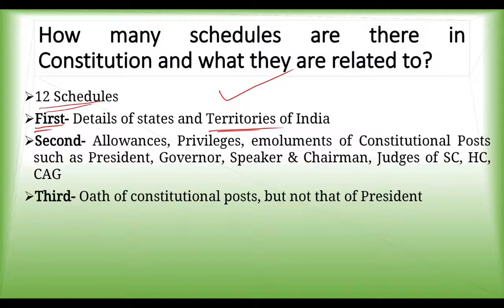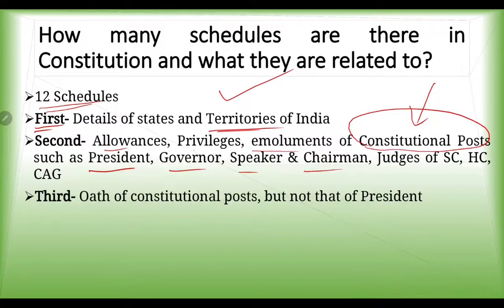The second schedule talks about the allowances, privileges and emoluments of constitutional posts. Be very clear here. It is talking about constitutional posts. Like it talks about the privileges and emoluments of the President, the Governor of a state, the Speaker of Lok Sabha or Speaker of the legislative assembly, the Chairman or Deputy Chairman of Rajya Sabha.